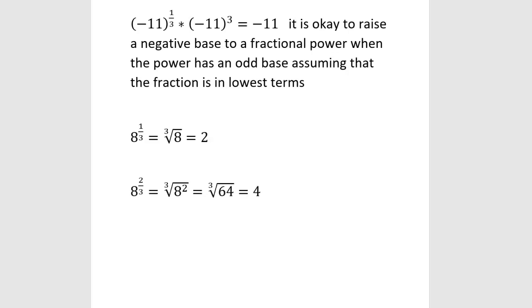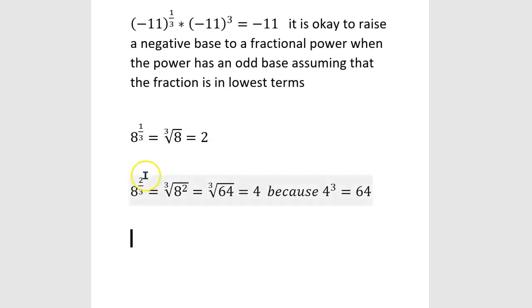The answer is 4 because 4 times 4 times 4 is 64, when you multiply 4 by itself 3 times, aka when you cube 4. So 4 cubed equals 64. That's how you interpret fractional powers.